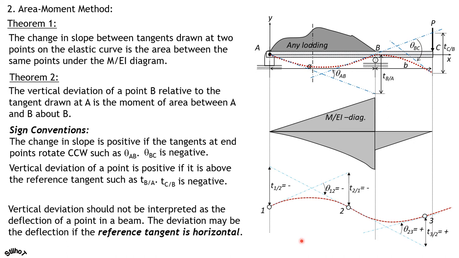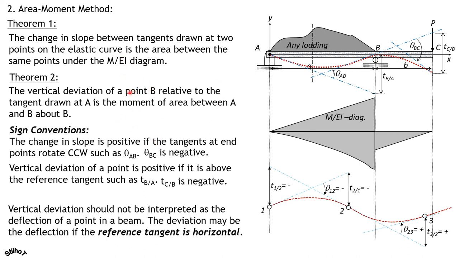So that's it. Vertical deviation should not be interpreted as the deflection of a point in a beam. The deviation may be the deflection if the reference tangent is horizontal, such as for a cantilever beam where one end is fixed.